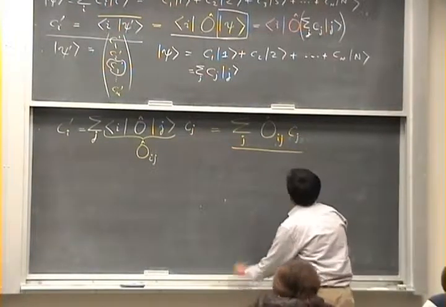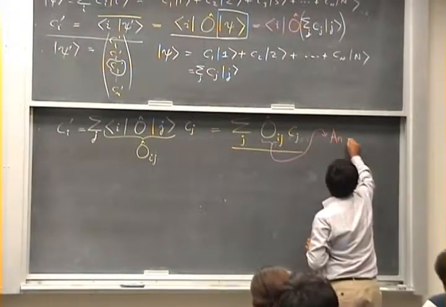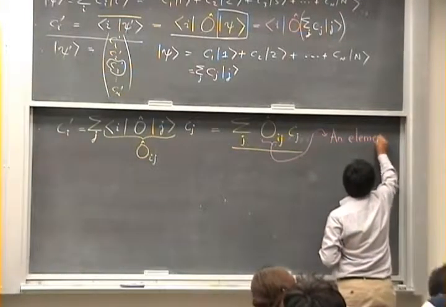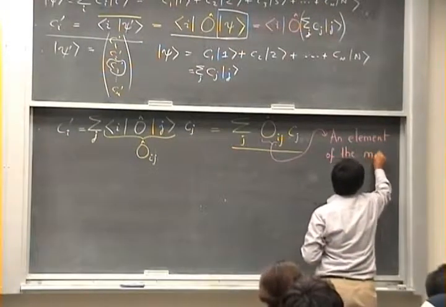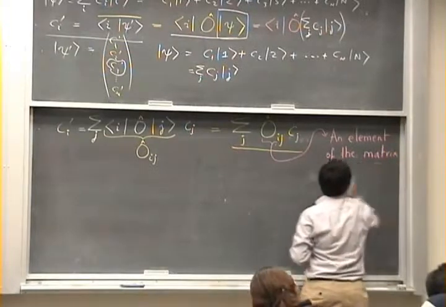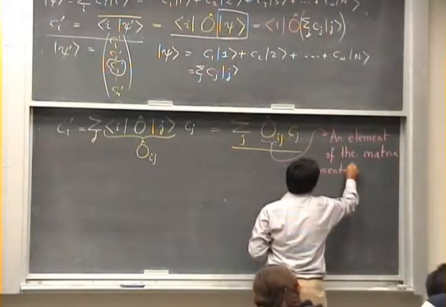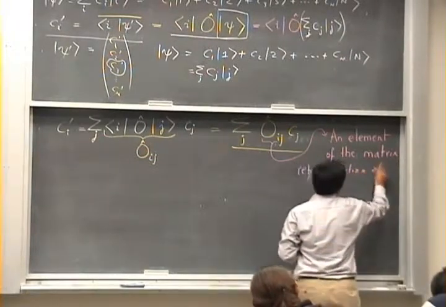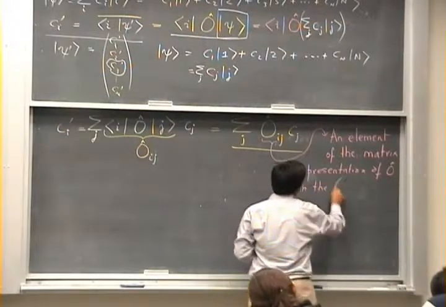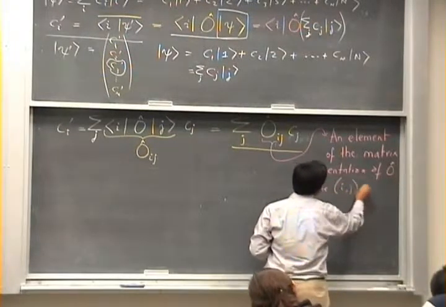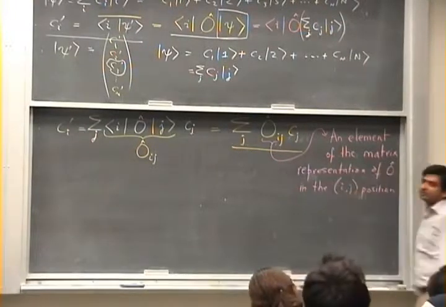So, this element Oij turns out to be an element of the matrix representation of the operator O in the I, j position, which means the ith row and the jth column.